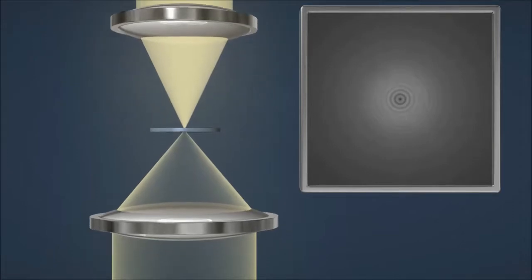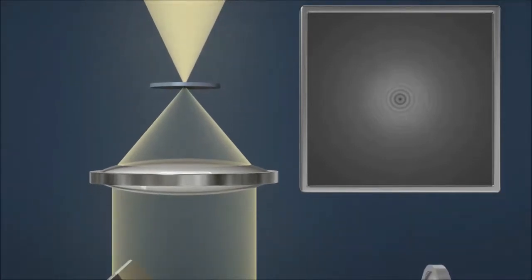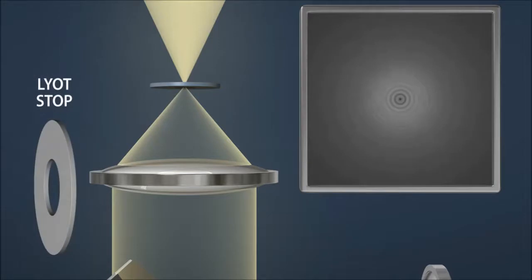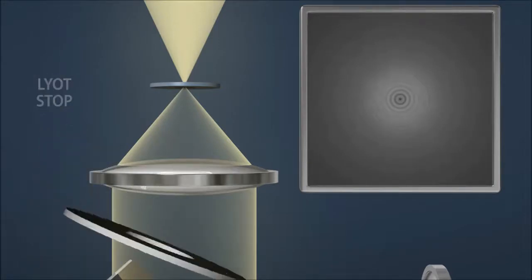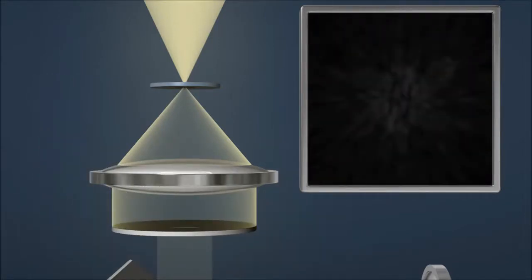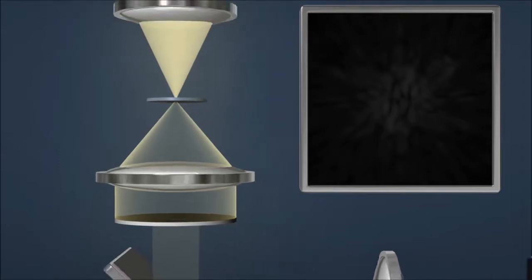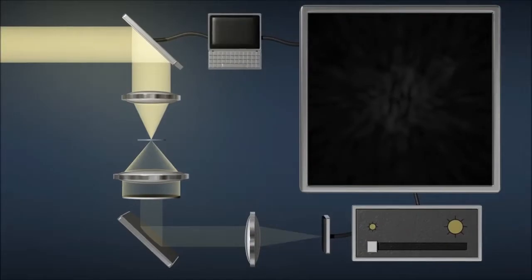Secondly, a coronagraph removes the effects of diffraction. When something that looks like a washer is placed into the light path, it blocks the light in the edges of the beam and the rings disappear. We have now managed to remove almost all of the starlight and are now able to view objects more than 1,000,000 times fainter than the star.